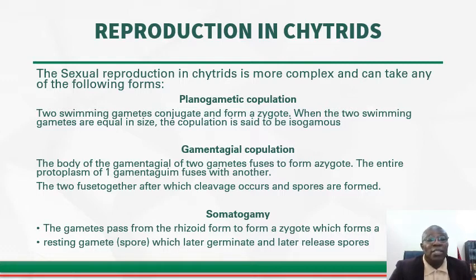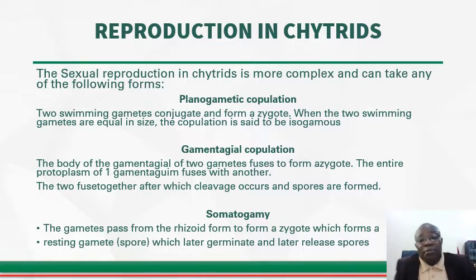When the gametes are equal in size, the copulation is said to be isogamous. Then we have gametangial copulation, which is also found in chytrids, where the bodies of the gametangia of two gametes fuse to form a zygote, and the entire protoplasm of one gametangium fuses with another. After the two fuse together, cleavage occurs, and spores result from the conjugation.